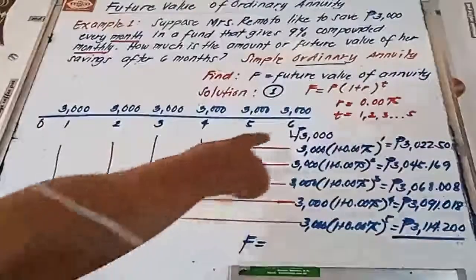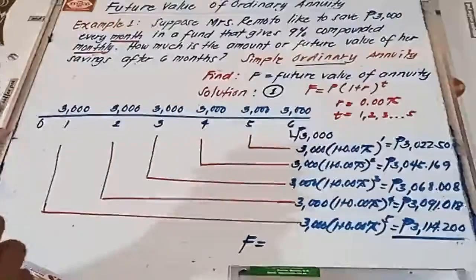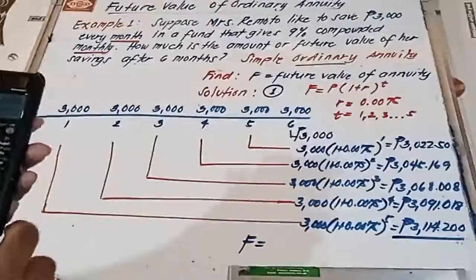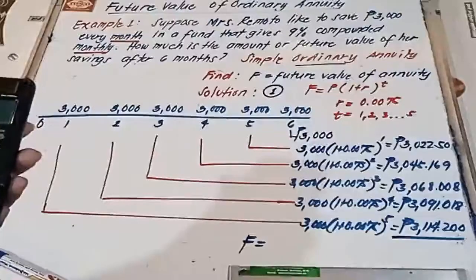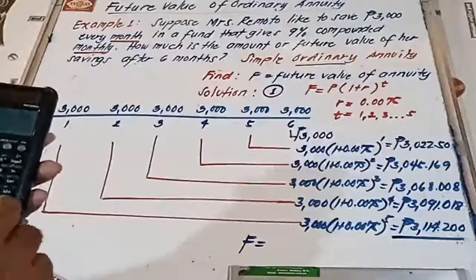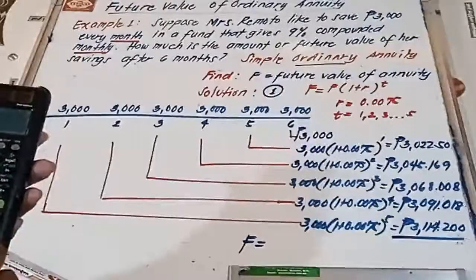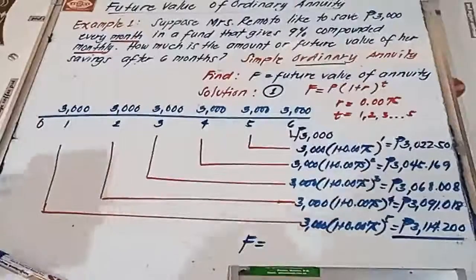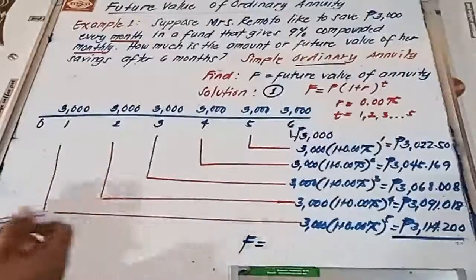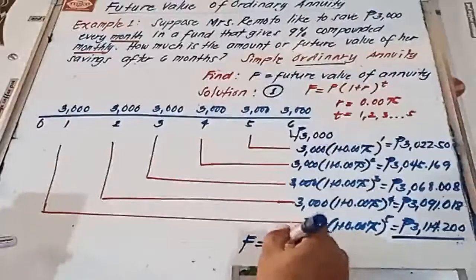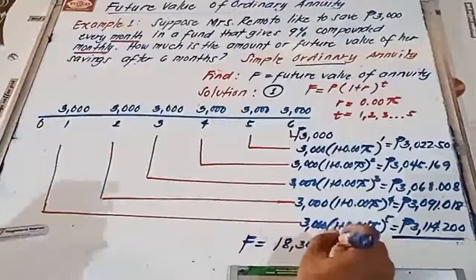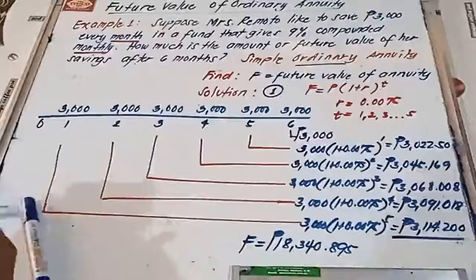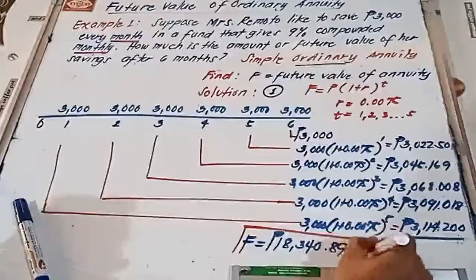Starting with the 6th savings, that is 3,000 plus 3,022.50 plus 3,045.169 plus 3,068.008 plus 3,091.018 plus 3,114.2, and equals 18,340.895. So this is the future value of the savings of Mrs. Remoto.